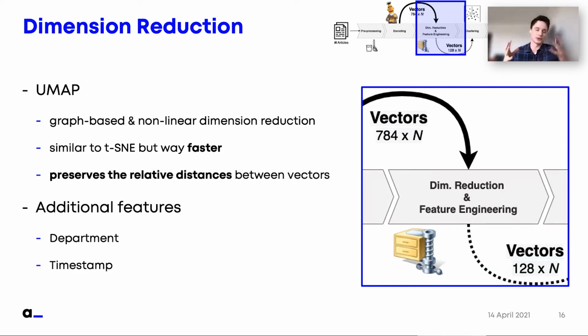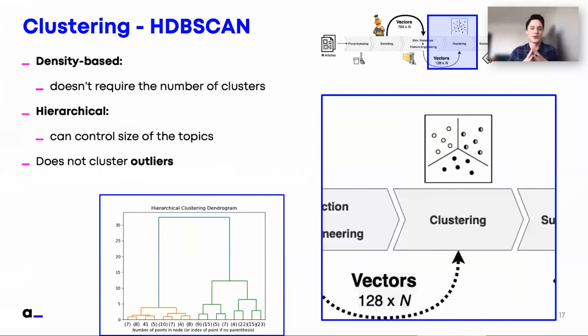And after dimensionality reduction, we add some additional features like the department, which is one hot encoded, and a time step. And after that, we end up with very nice vectors, nicely describing the semantics of the article.